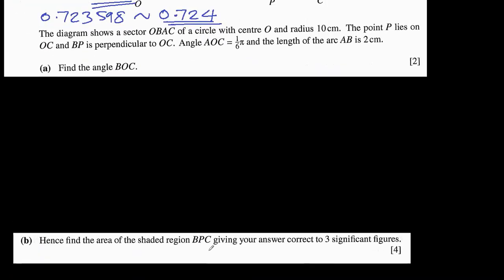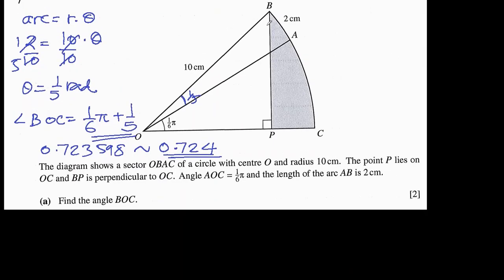Hence, find the area of the shaded region BPC, giving your answer correct to 3 significant figures. Okay, so we need the area of this shaded part. The plan is that I will find the area of this whole sector, so area of the sector minus the area of this triangle BPO.